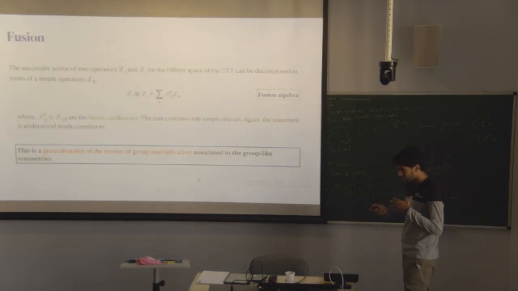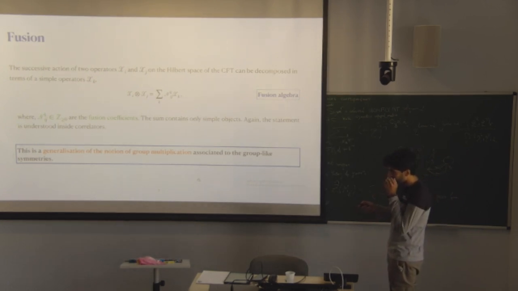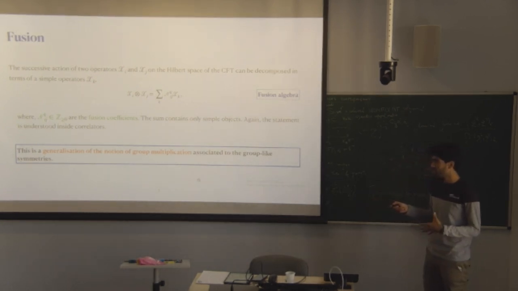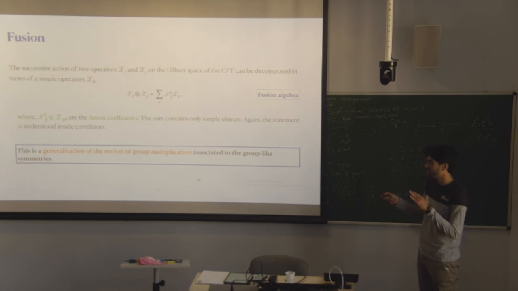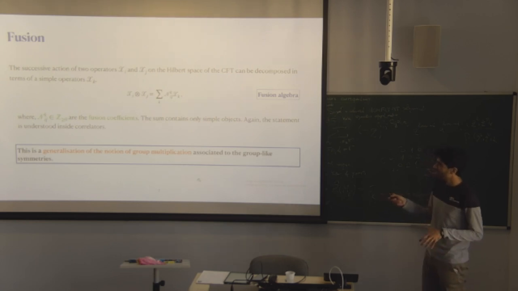So to define the non-invertibility of an operator much more seriously, we need to define a fusion of two operators. By that we mean that if you have two circles which are the operators xi and xj, which meet the state one after the other, then you can define the fusion of these two line operators as a decomposition over simple line operators.